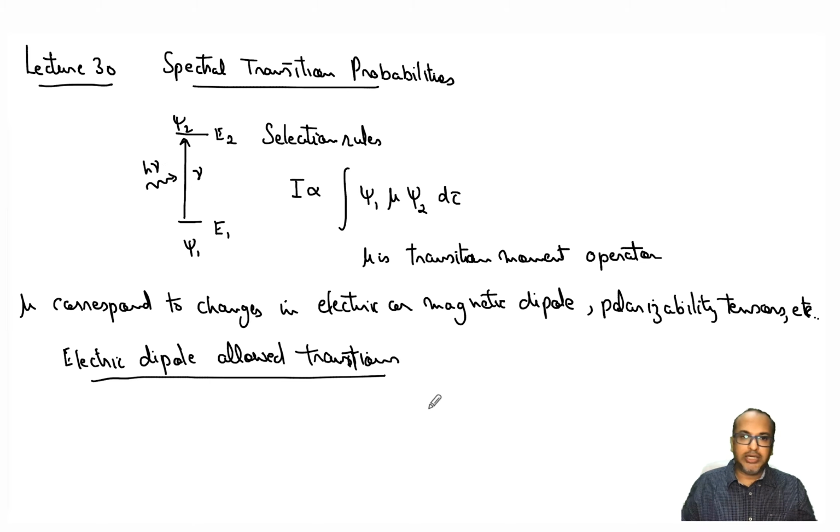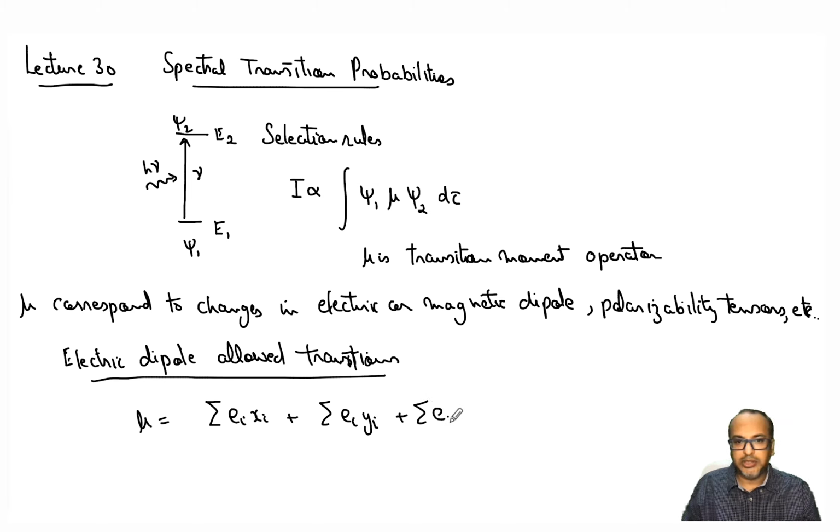So now what is the form of mu? Mu can be written as summation e_i x_i plus summation e_i y_i plus summation e_i z_i, right? And this will be summation over all i. Actually the summation can be taken common here.